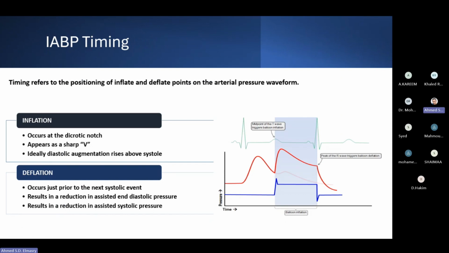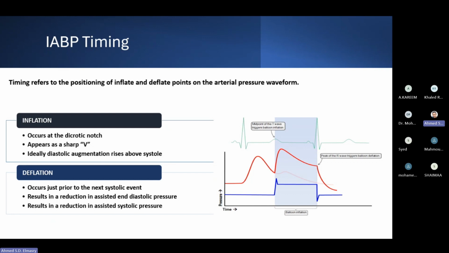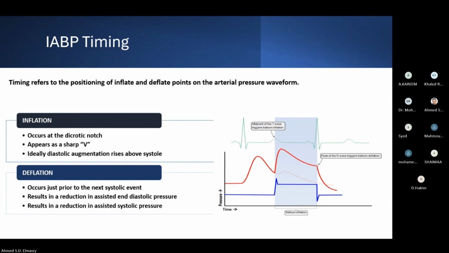And the intra-aortic balloon timing refers to the position of the inflation point and the position of the deflation point on the arterial waveform. So this is the normal graph of the intra-aortic balloon.